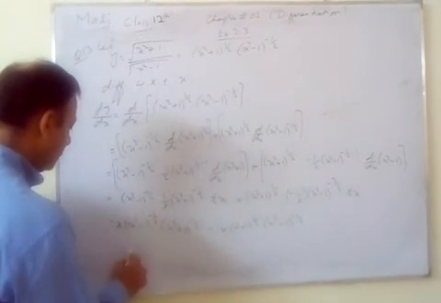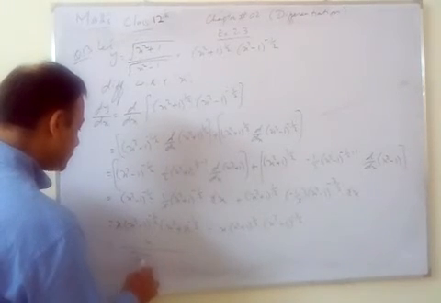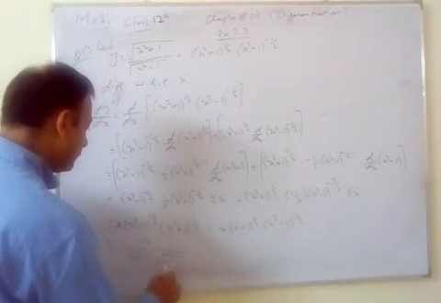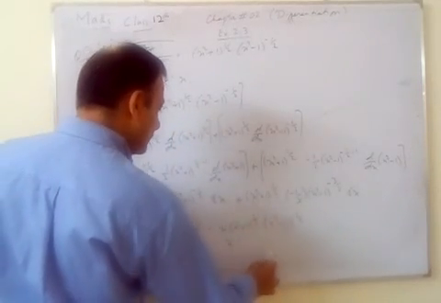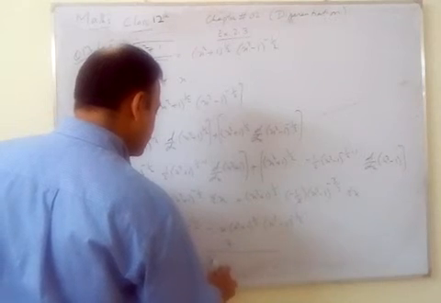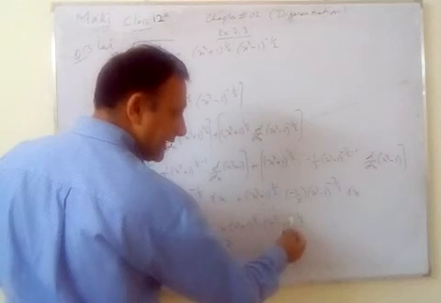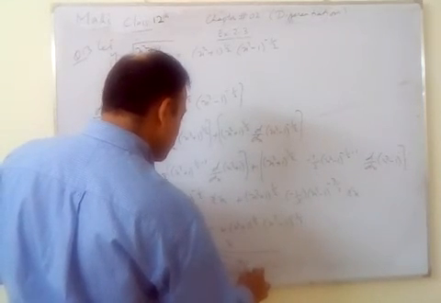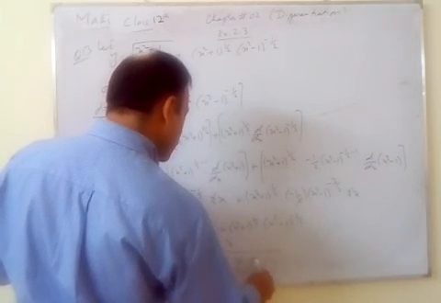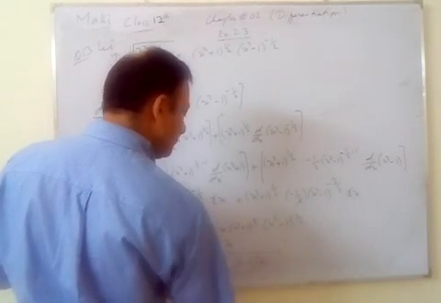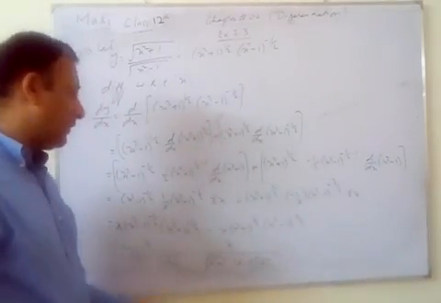You can write this as x divided by square root of x square minus 1 into square root of x square plus 1, and here also x divided by square root of x square plus 1, and this can be written as (x square minus 1) into square root of x square minus 1. Now take the LCM, simplify, and you will get the answer.